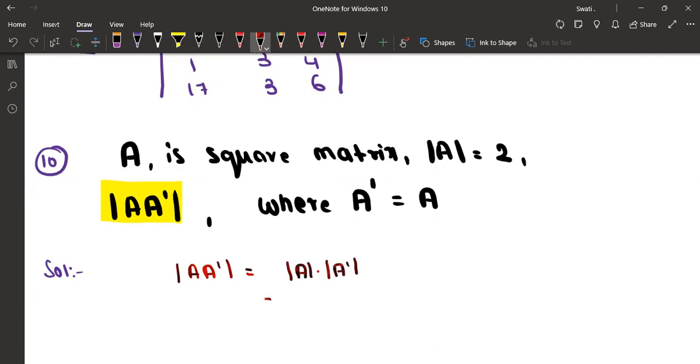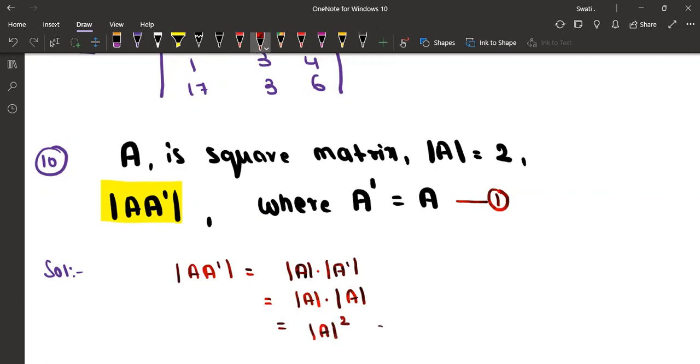I'm writing this as equation 1. From this equation 1, I can replace A transpose with just A, right? So what are we getting? We are getting determinant A into determinant A, which is simply determinant A whole square.